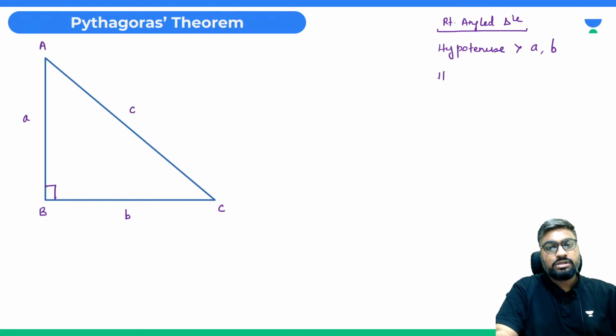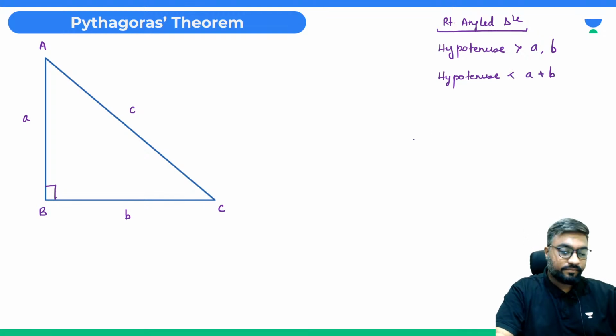So hypotenuse will still be less than the sum of the two sides. आया समझ में guys? Yes, hypotenuse is the longest side, it's the largest side, but it has to be less than the sum of two sides, क्योंकि ये any triangle का property है ना? कोई भी triangle का ये property है.